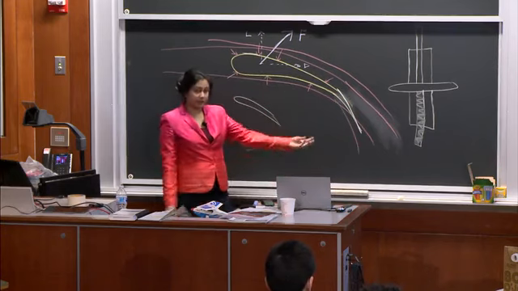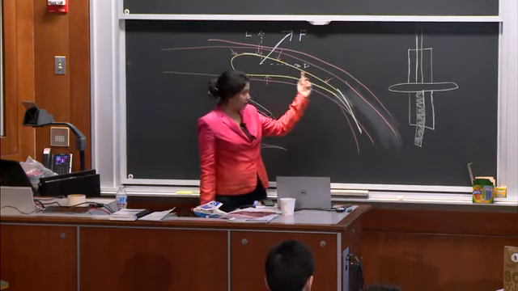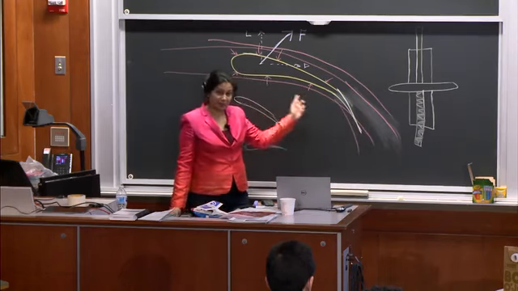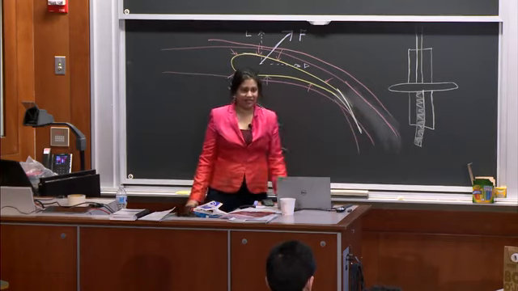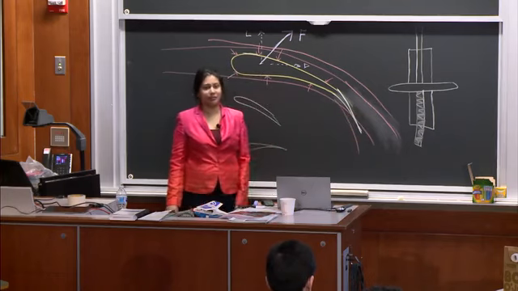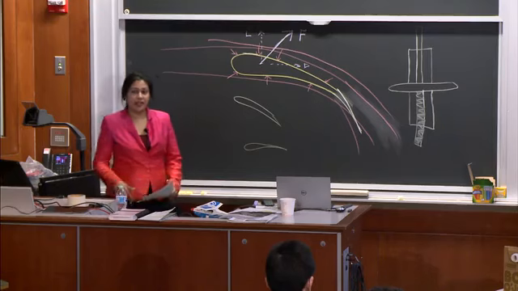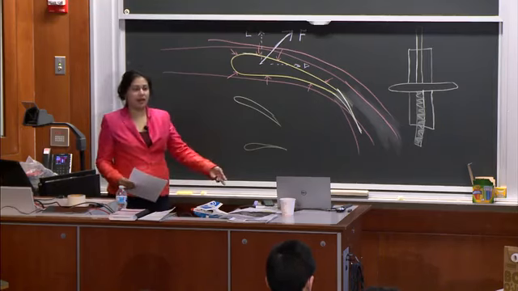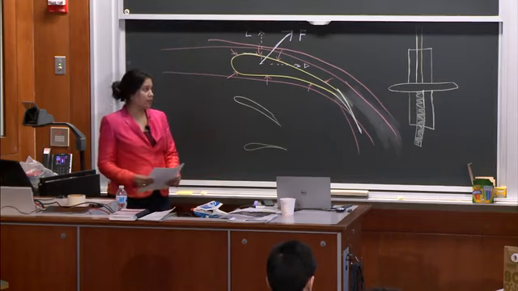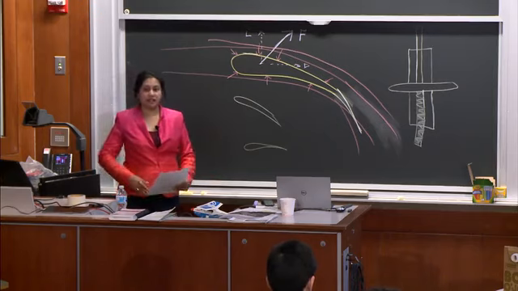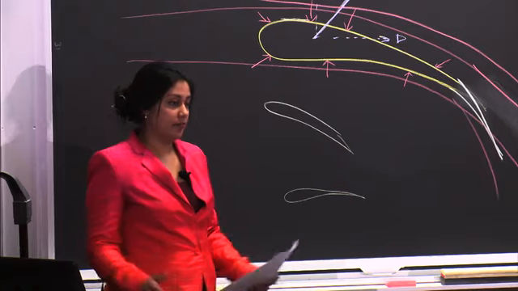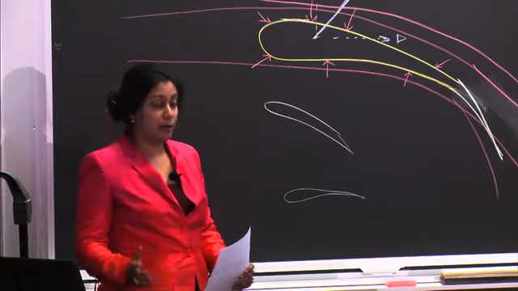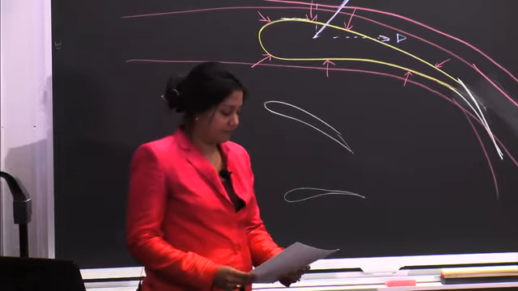You also have a couple other specific requirements, such as that no air molecule from the top comes over to the bottom, and no air molecule from the bottom goes around to the top. You just assume that they move smoothly off. So that Kutta condition is actually very helpful in approximating lift. We also make other assumptions that there's no viscosity or that the fluid is not compressible. Sometimes these assumptions are appropriate and sometimes they're not.